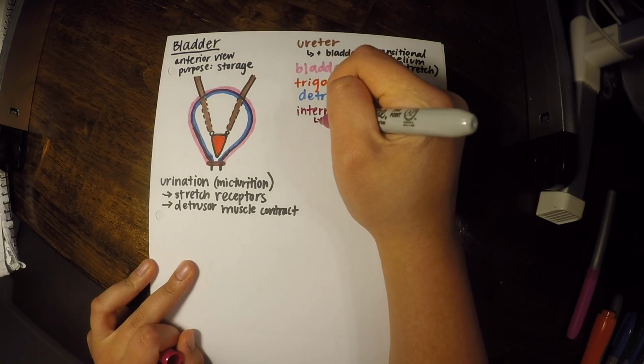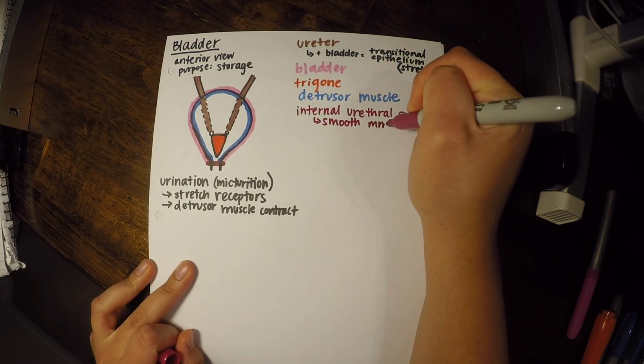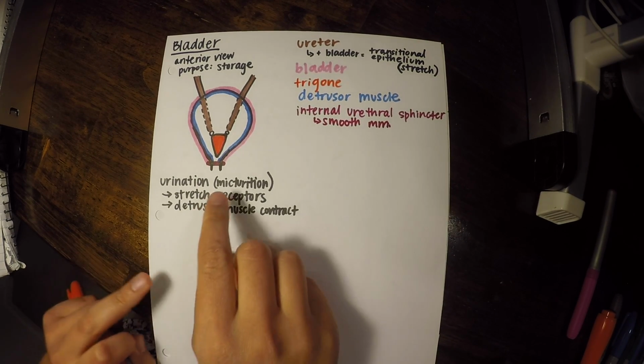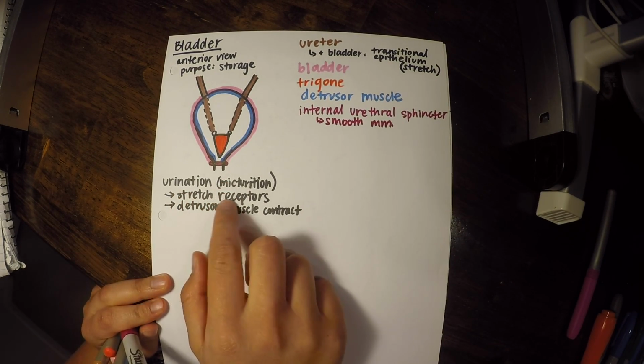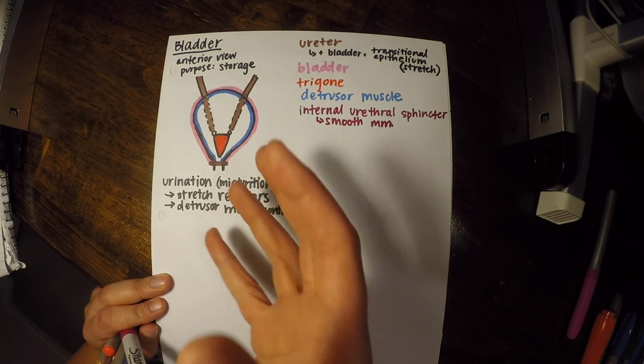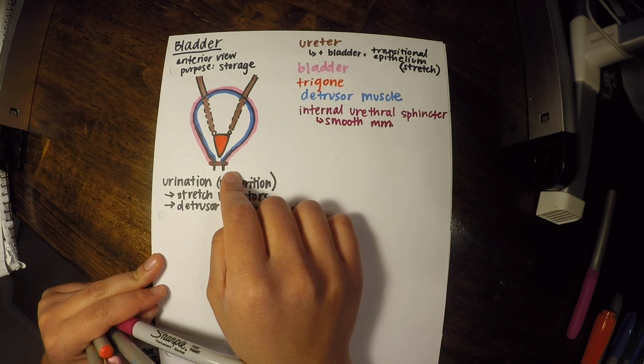And it is smooth muscle. So remember, smooth muscle is involuntary. So the next step in our urination is we have stretch receptors that sense that the bladder is being stretched. Then our detrusor muscle contracts to get the urine out, but we have a little sphincter muscle right here.